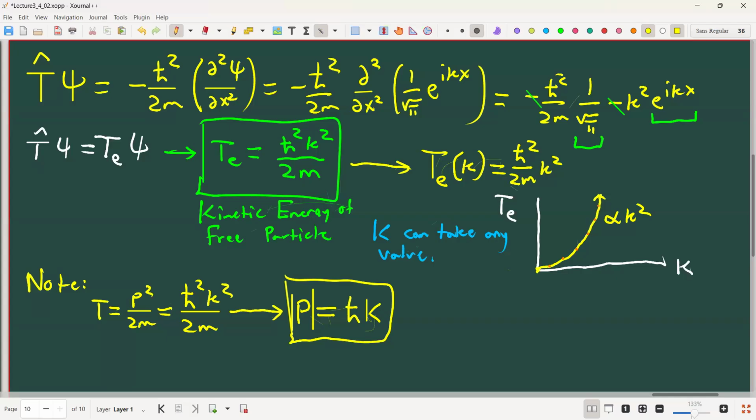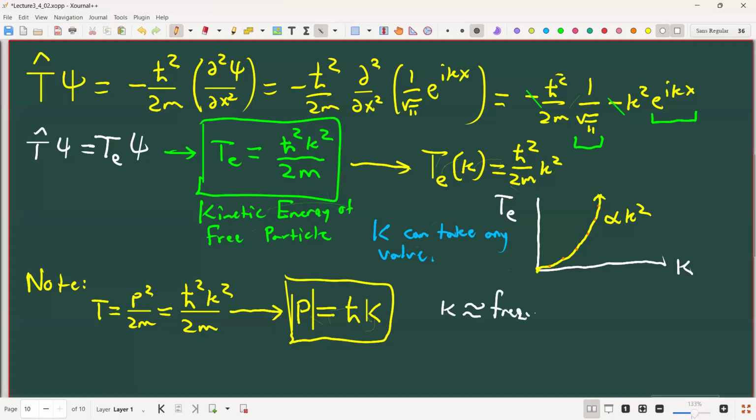Let's just stop for a second and think about this equation. So let's think about k. k is like a frequency, because the wave function is cosine kx plus i sine kx.